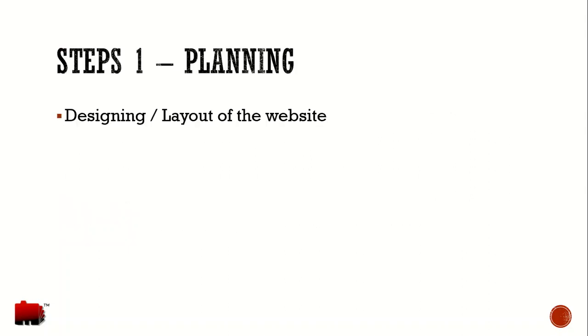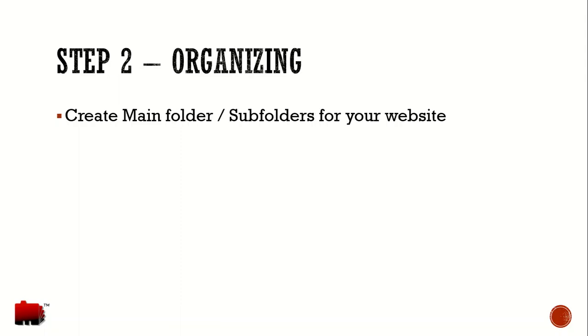Now, developing a website, there are some stages that you need to go through, and one is planning. Before you start developing a website, you need to plan how the website will look, which we determine as designing the layout.